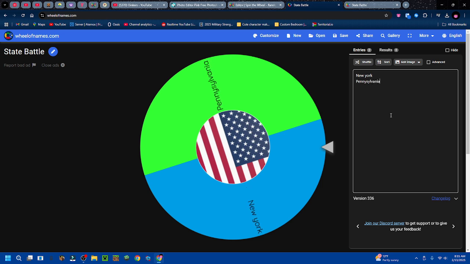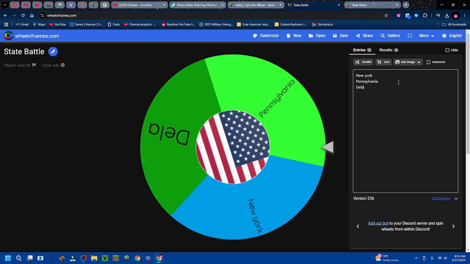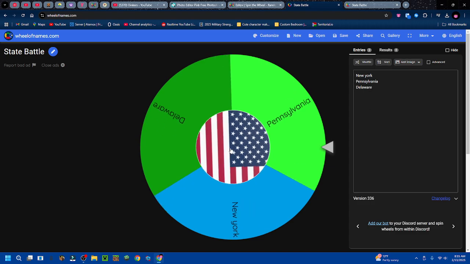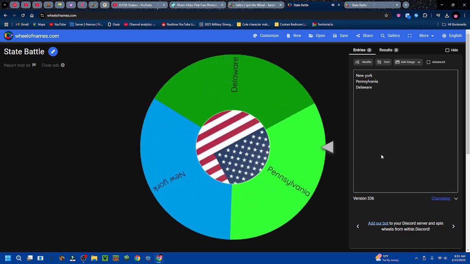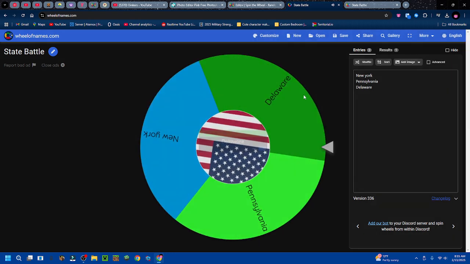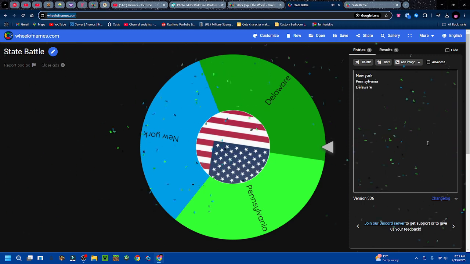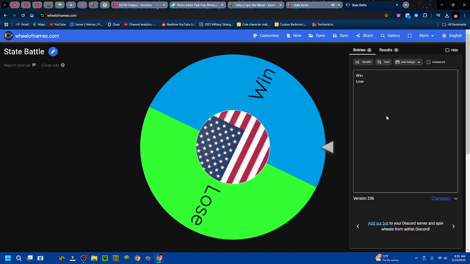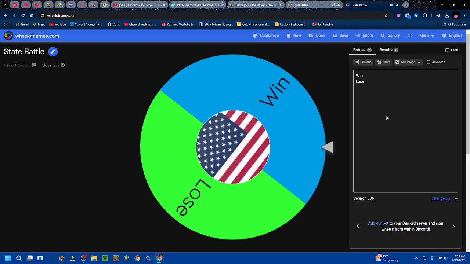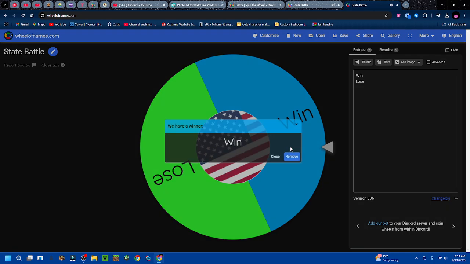Is that right? Pennsylvania. That looks right. Pennsylvania and Delaware. Delaware. I'm well aware that Delaware will be being attacked. Alright. They both have equal chances, but it looks like New Jersey's gonna win against Delaware.